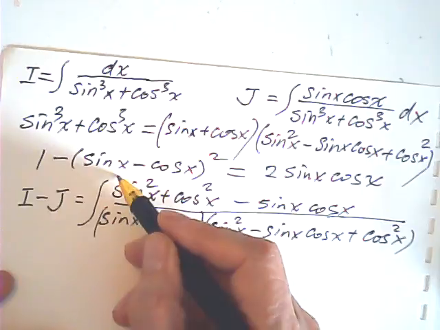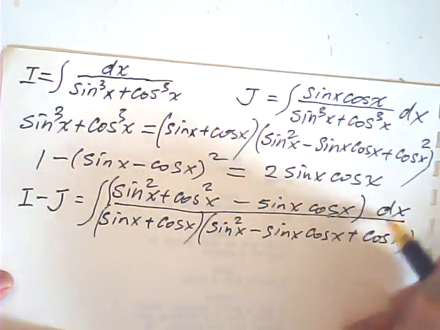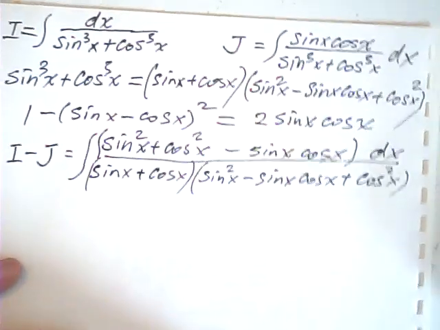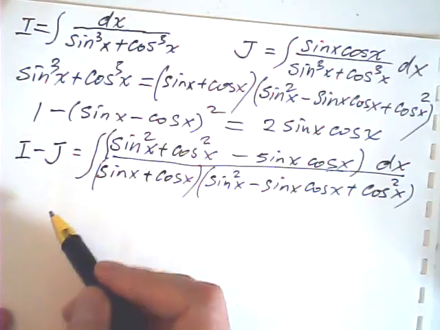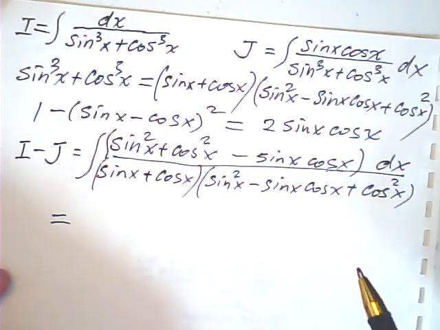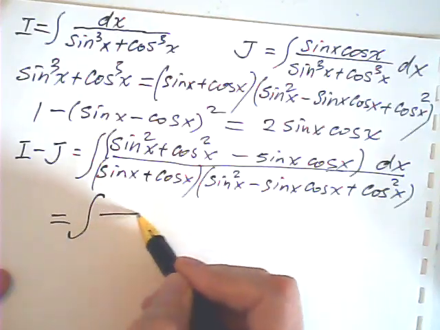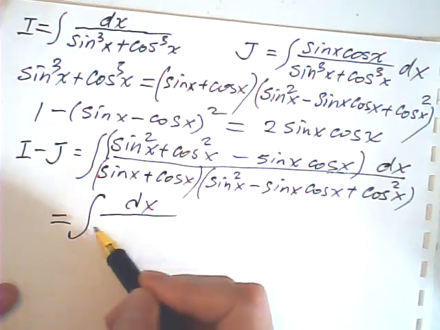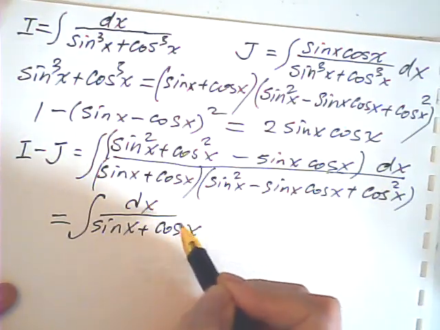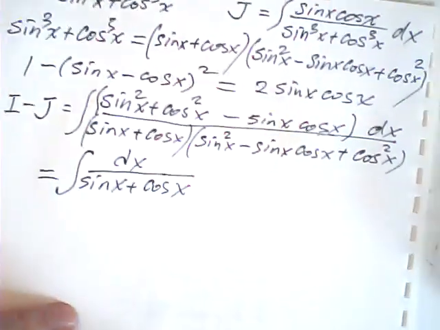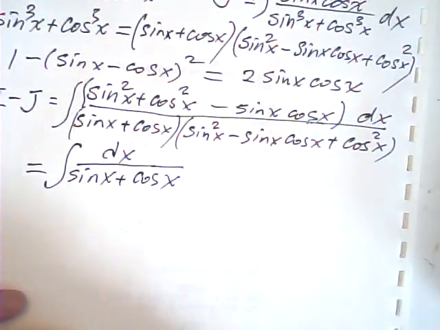And then dx. Then obviously this one cancels with that one, right? Left over this dx over sine x plus cosine x. Yeah, great.